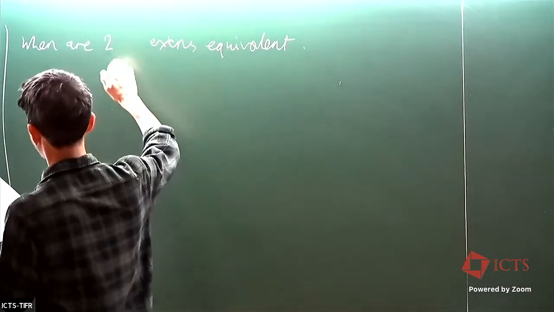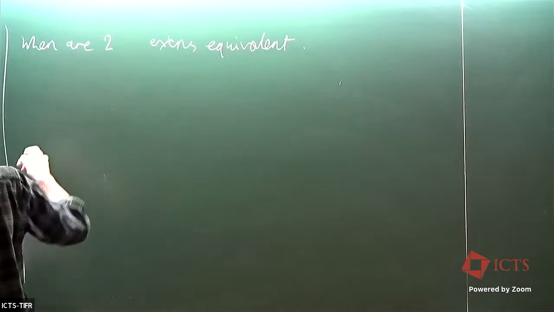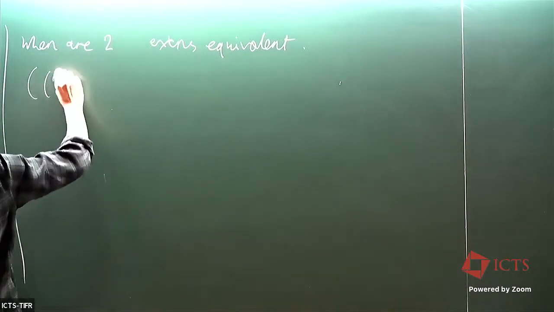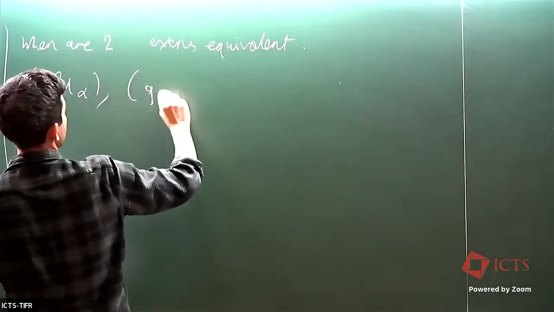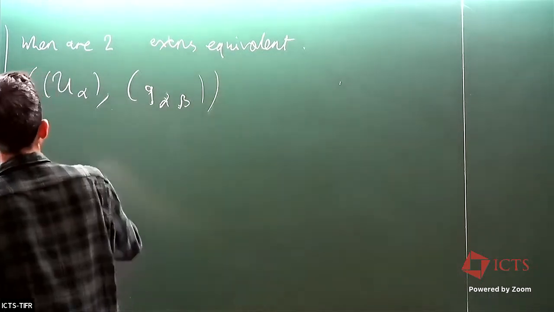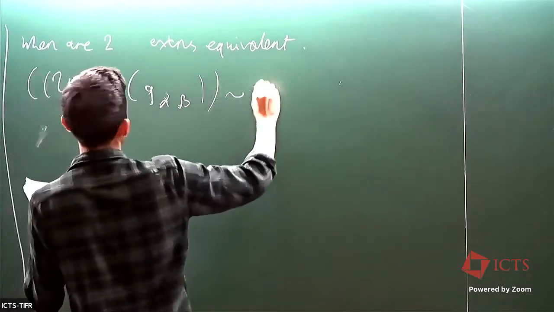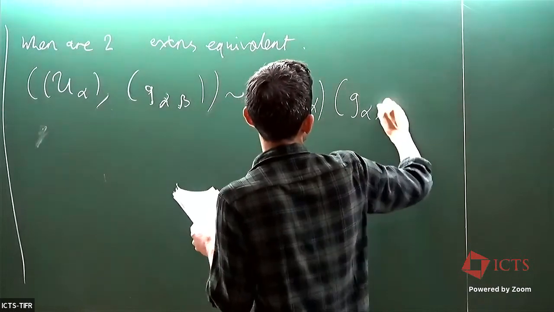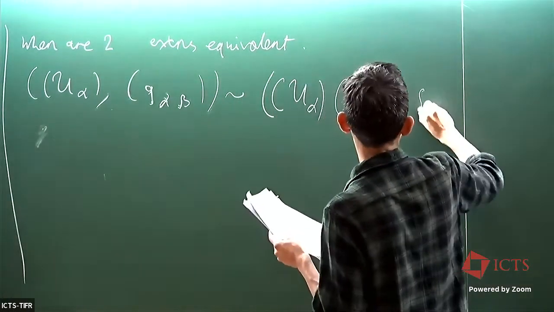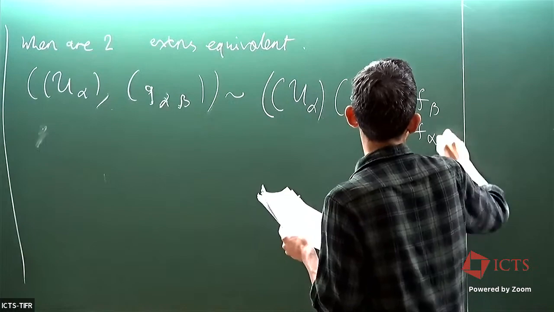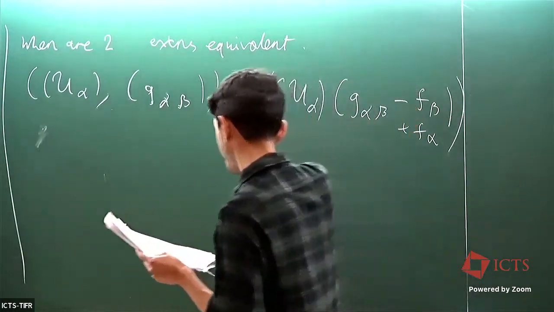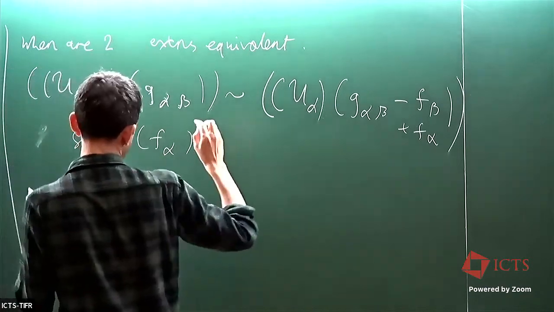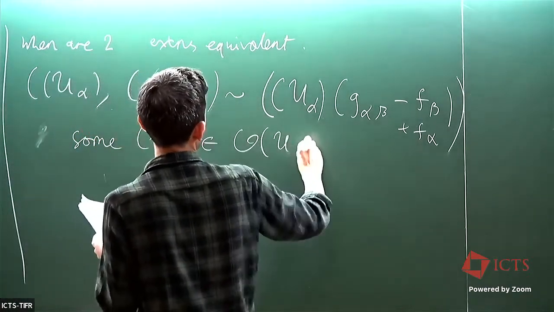So in the case of vector bundles, choosing some function f alpha on U alpha, and then sending g alpha beta to g alpha beta minus, say, f beta plus f alpha.